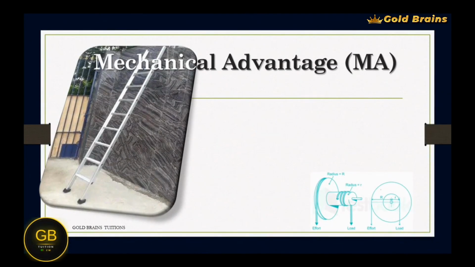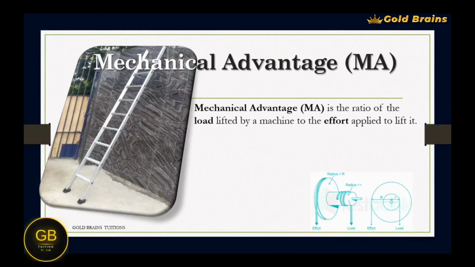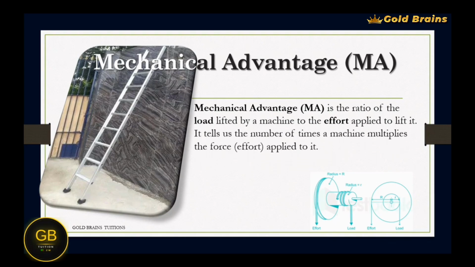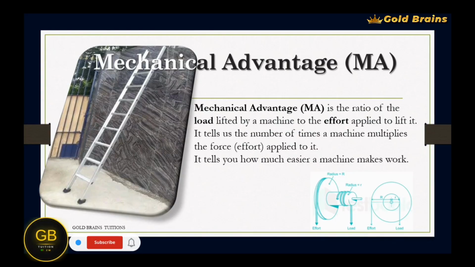What is mechanical advantage, MA? Mechanical advantage, MA, is the ratio of the load lifted by the machine to the effort applied to lift it. It tells us the number of times a machine multiplies the force applied to it. It also tells us how much easier a machine makes work.